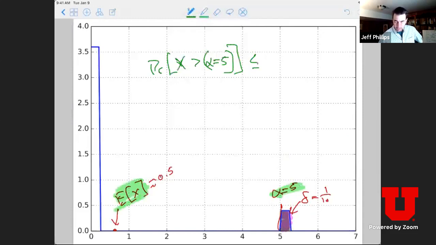If I calculate 0.5, which is slightly more, it's about 0.65 it turns out, divided by 5, I'm going to get 0.12. Okay, so this is pretty close. My bound says no more than 12% of the mass is greater than alpha, and the true case is 10%. So this is a pretty good bound. It's an upper bound on the quantity.